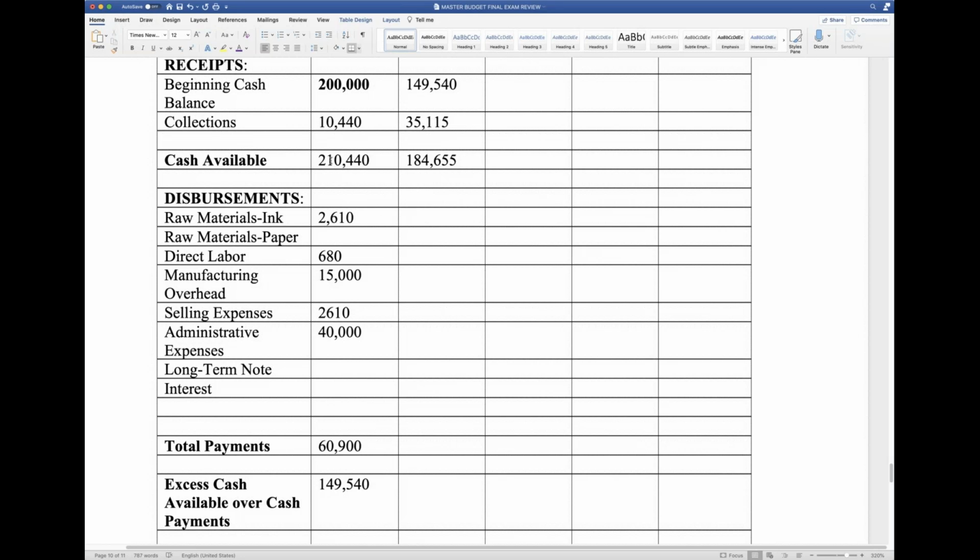So we had cash available of 210,000. The payments were 60,900. So how much was our excess cash this time? 149,540. How much do we need to borrow? None. Hold on.